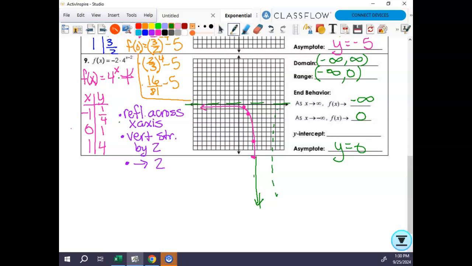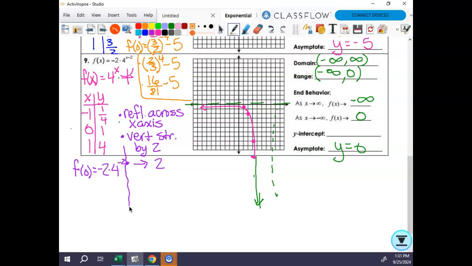Y-intercept is not something that I have written there, so I need to find it. So I want f of 0. That is -2 times 4 to the -2 power. Can I multiply the -2 times the 4 to get -8?